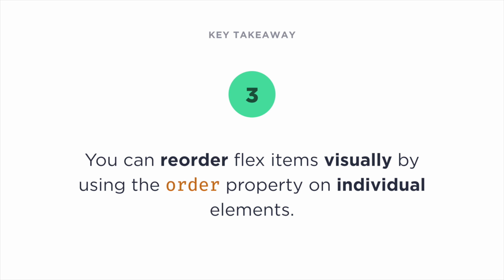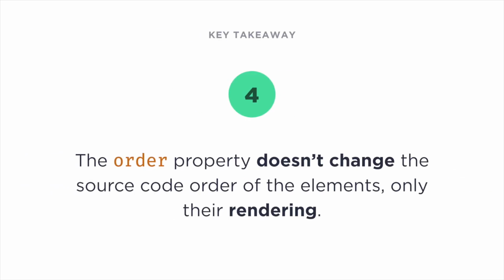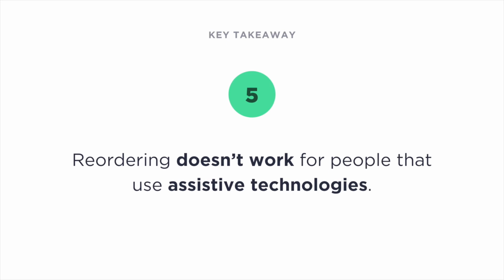Number 3, you can reorder flex items visually by using the order property on individual elements. Number 4, the order property doesn't change the source code of the elements, only their rendering. And finally, number 5, reordering doesn't work for people that use assistive technologies.